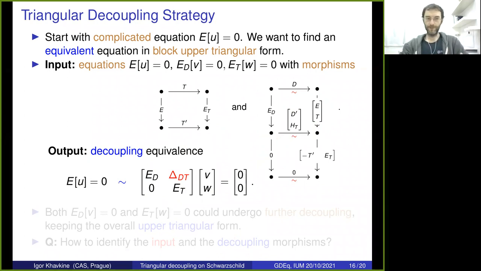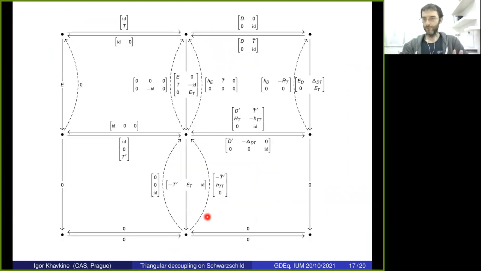And I will just very quickly flash to you how it's proven. The way it's proven is that I compose two equivalence diagrams. This is one equivalence diagram. This is a second equivalence diagram. On the left-hand side, I have the original equation that I want to simplify, extended by 0 here. On the right-hand side, I have the upper triangular form, the simplified form I want to get to, again extended by 0 here.